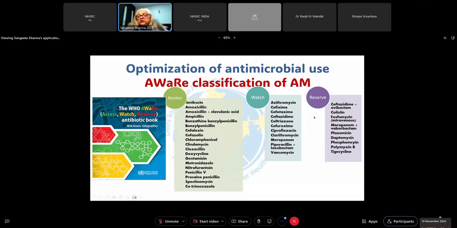And meropenem, piperacillin, vancomycin should also be used very sparingly, as reserve drugs only, because in India we don't have many of these newer agents like vaborbactam. They are not available, so we need to protect these. So use these also as reserve drugs only, and watch that people are adhering to this.